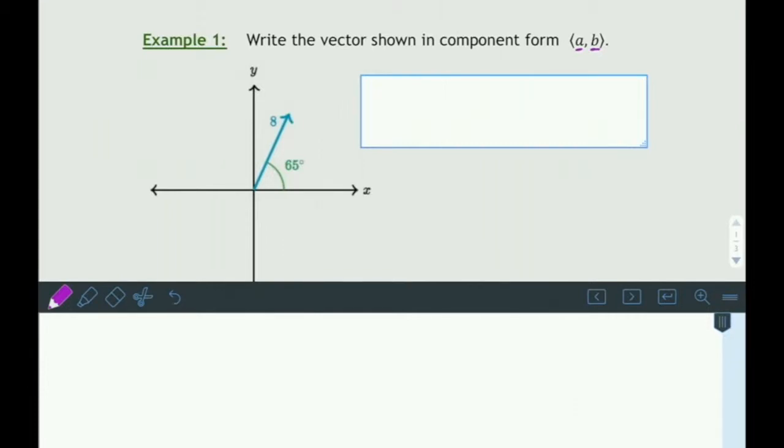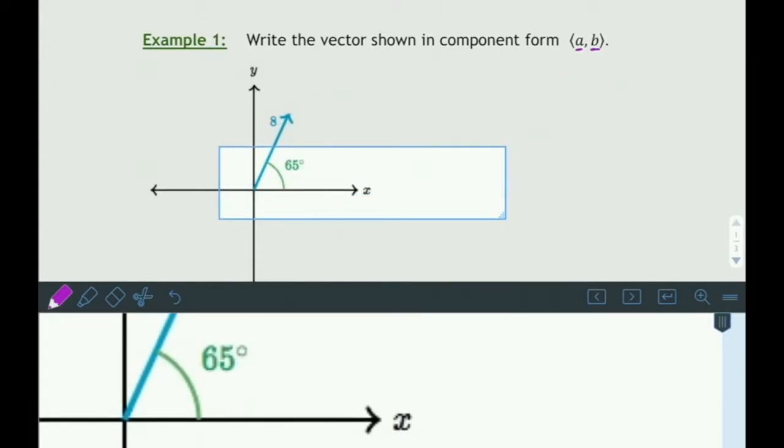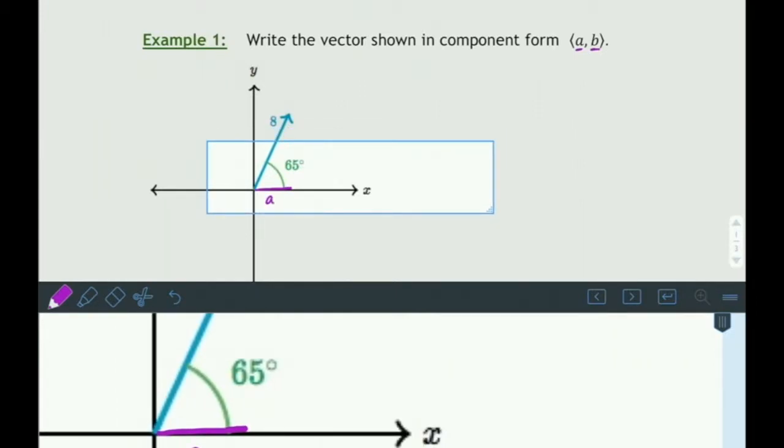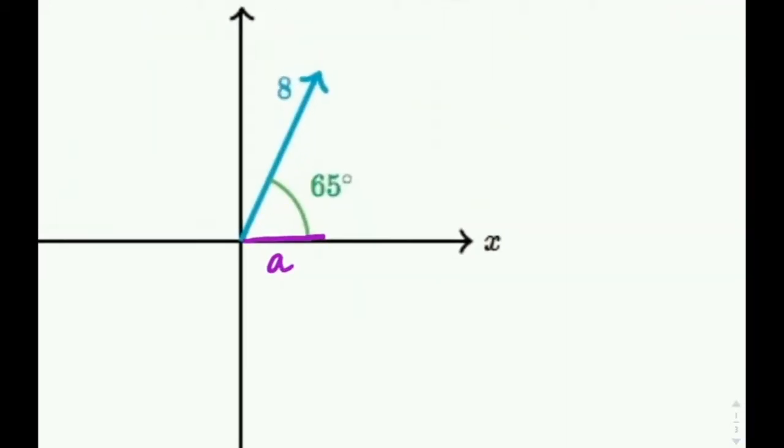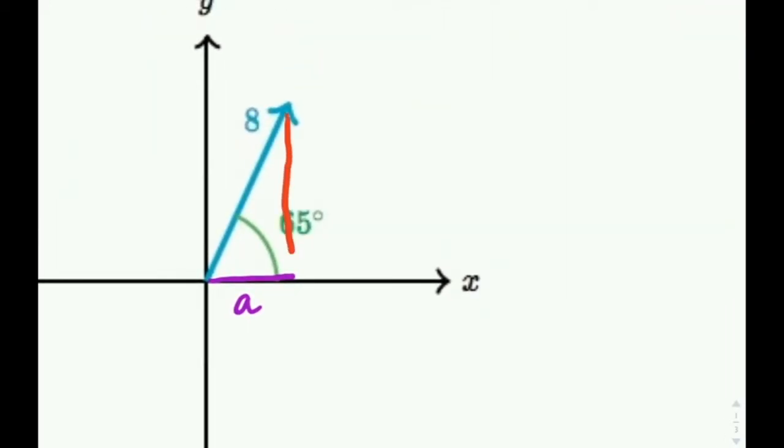So if you're thinking about your horizontal component, A, draw this as a triangle and label some things. Here's how I usually do these. So there's my horizontal component. My vertical component B would be right there.